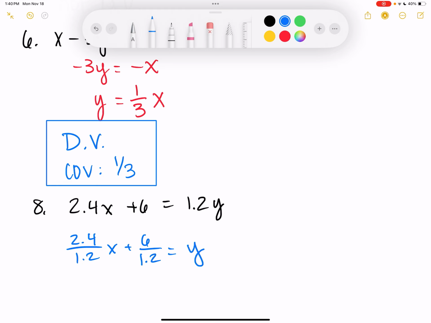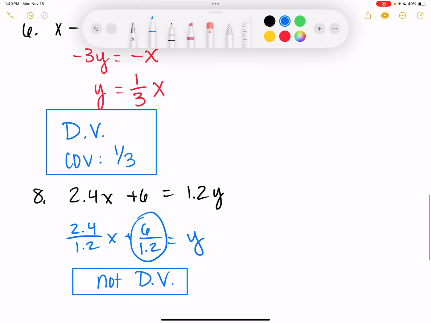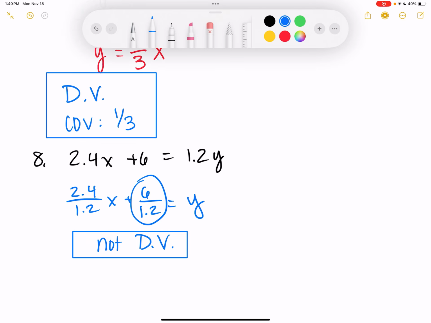I don't even need to divide. It's not direct variation because it has another number. This right here tells me that it is not direct variation. That's all you have to have on those: show that you got y by itself, and then whether it is or is not direct variation.